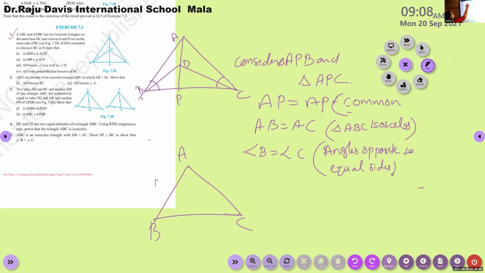So triangle APB is congruent to triangle APC by the SAS congruence rule.